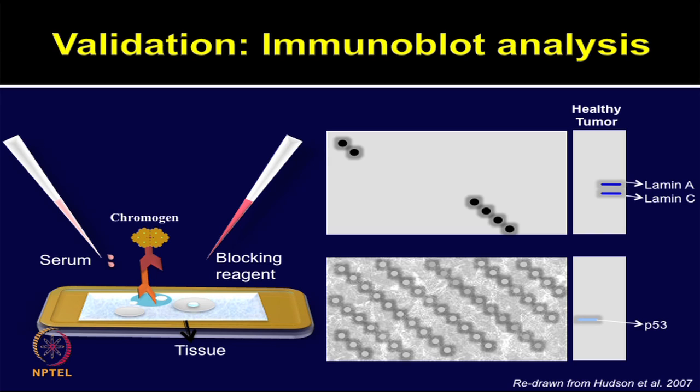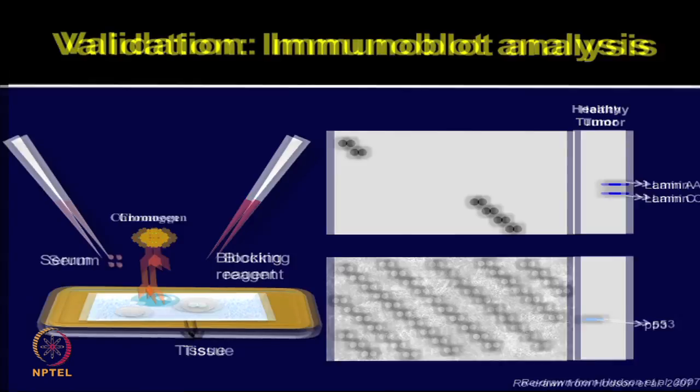Similarly, p53 protein was probed using anti-p53 antibody. So, these Immunoblot assays were performed. The Western blot analysis confirmed and validated that the proteomic findings based on protein microarrays were quite relevant, and elevation of these proteins was validated by independent techniques.